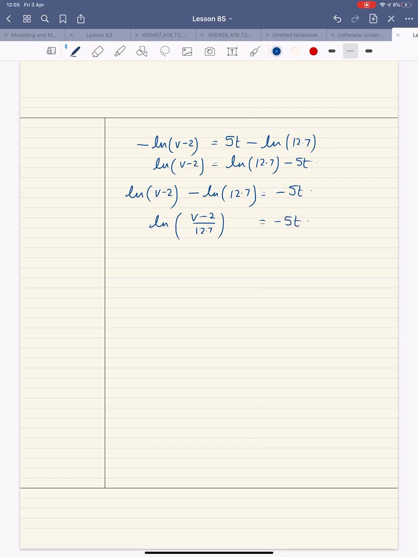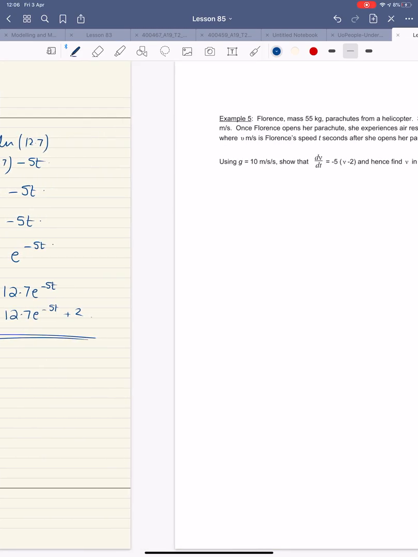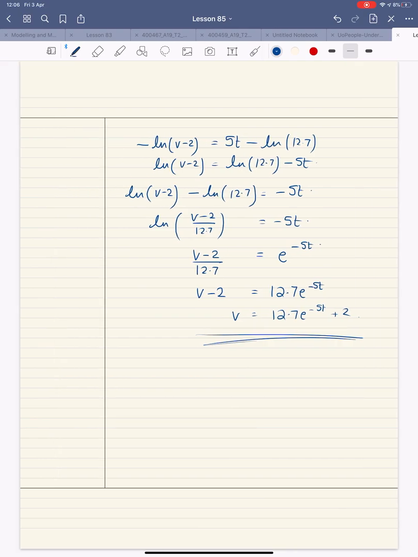That's rules of logs. So v minus 2 over 12.7 is e to the minus 5t. Multiply both sides by 12.7 and then add 2 to each side. There we are. And that's the velocity. Okay, that completes that one.